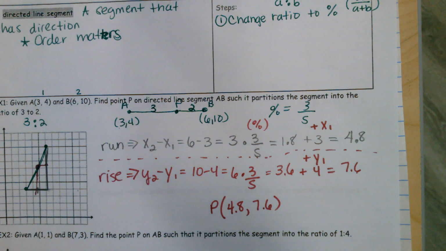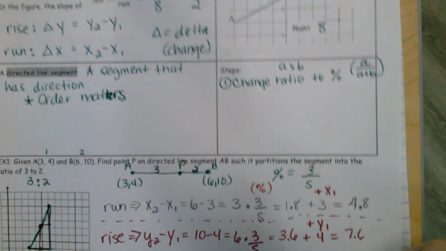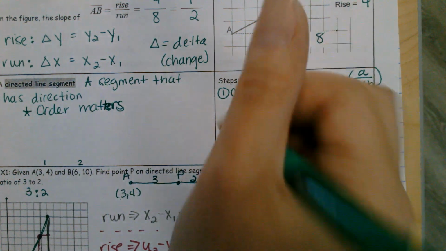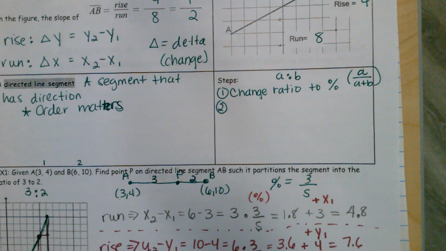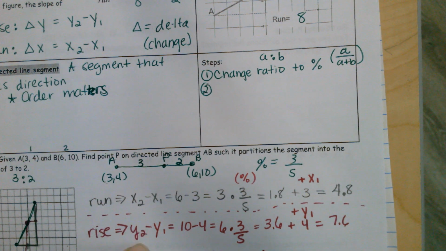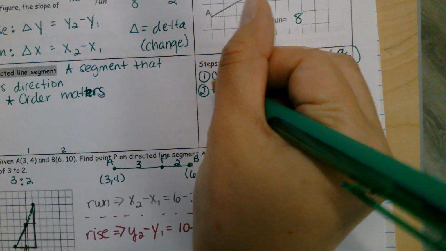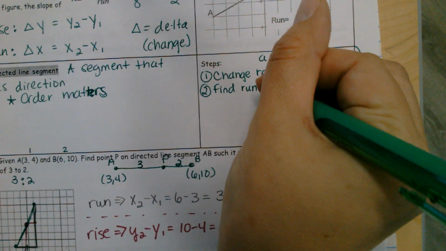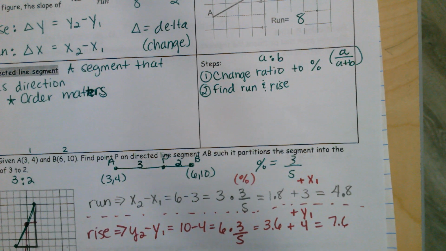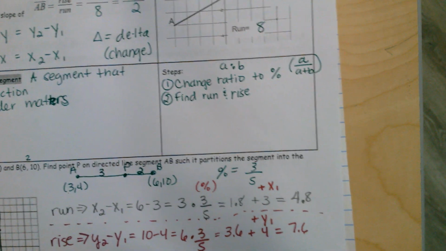Yeah, of course. Let's write down these steps so that we can reference them later. The first thing we wrote out was to change the ratio to a percent. The next thing we did was find the run and rise. So we did that: x2 minus x1, y2 minus y1.